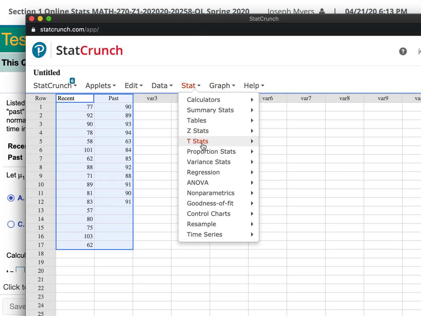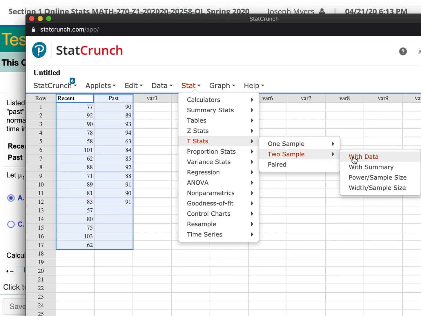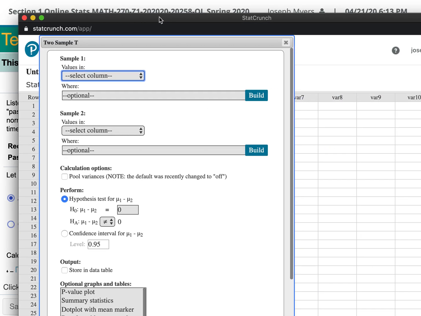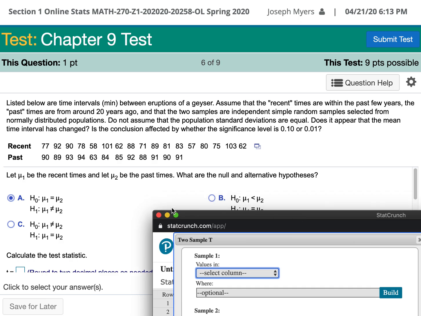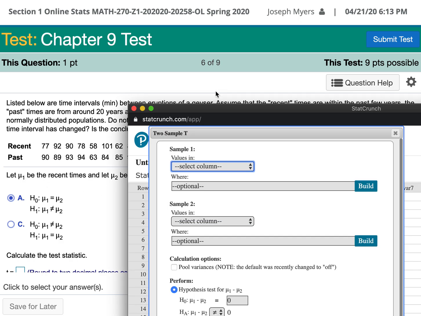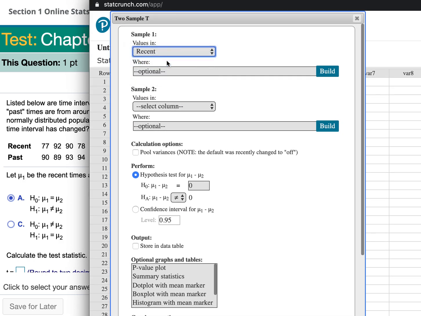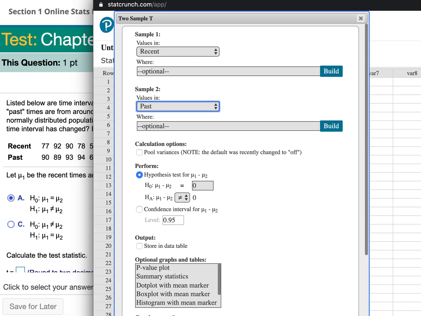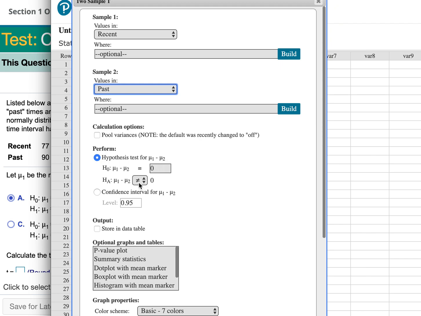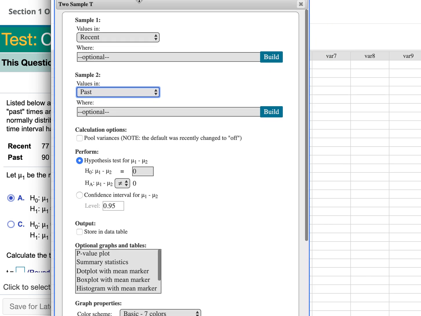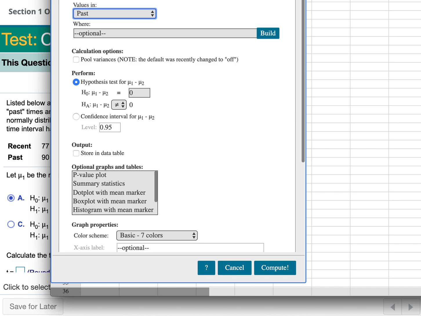So Stats, T-Stats, 2 Sample with data, and your first variable says mu1 is the recent times. So your first sample is the recent and your second sample is in the past. And then you're testing the hypothesis to see if it's not equal. So that's good. So now you just click compute.